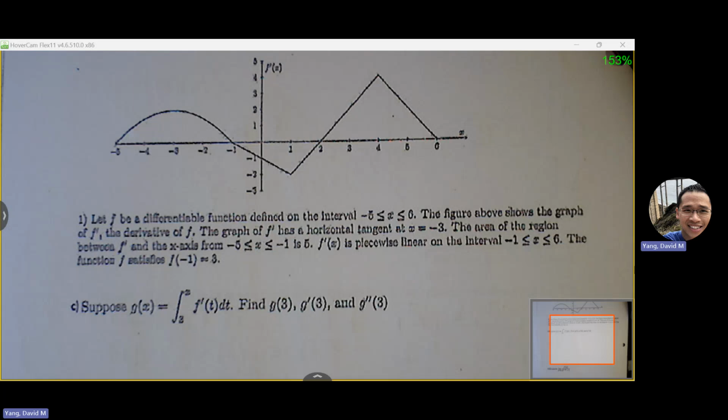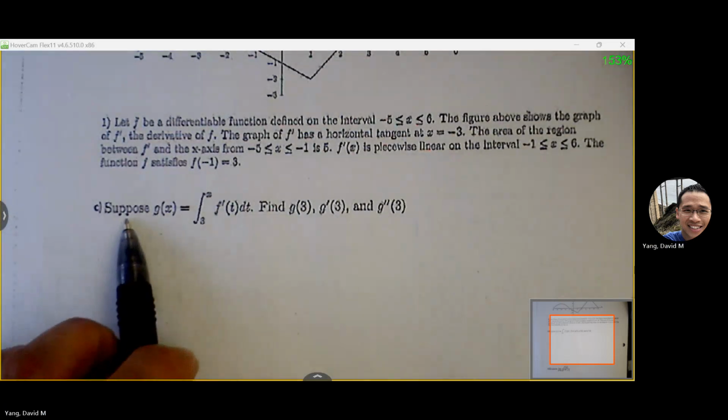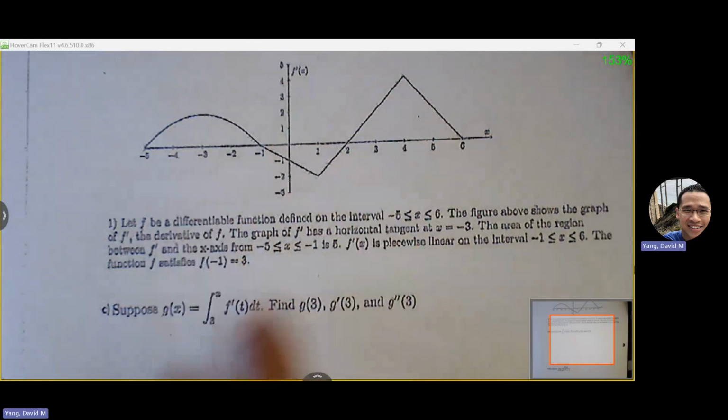This is similar to the process that you did on the solving differential equation test. So it's the same stem as the previous page.